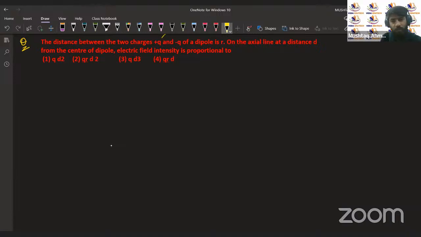So we know that we calculated this for a dipole on an axial line, right? So this is our axial line. This is some point P, and let's suppose from the center of this dipole, the distance is d, right? And we calculated that this electric field vector is inversely proportional to d cube, right?